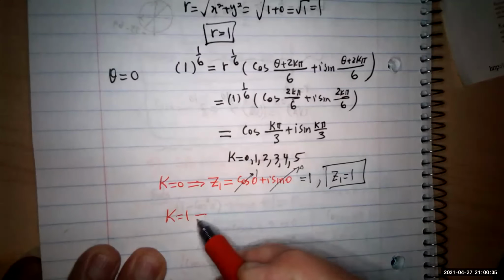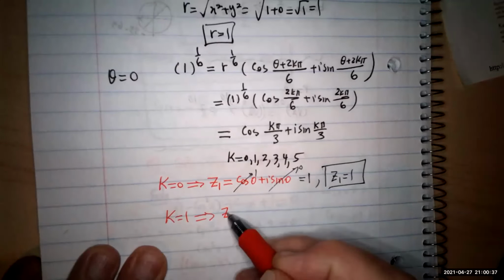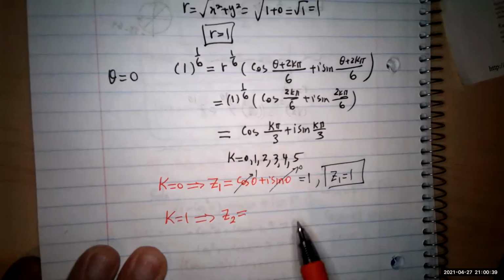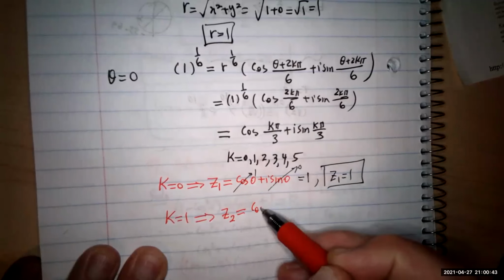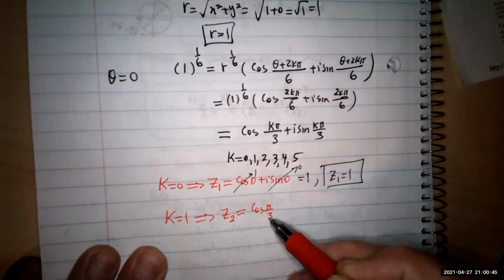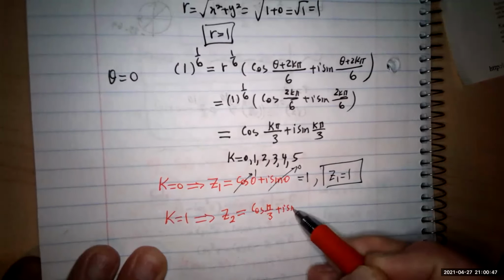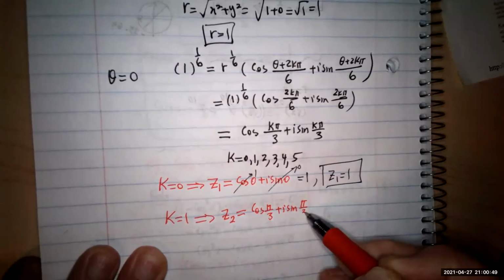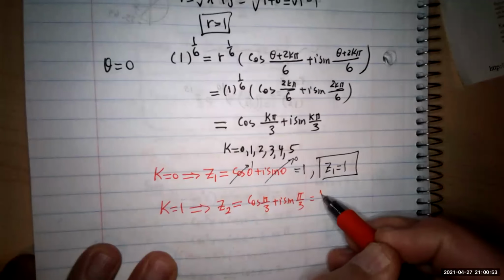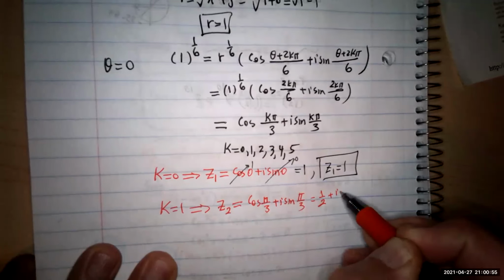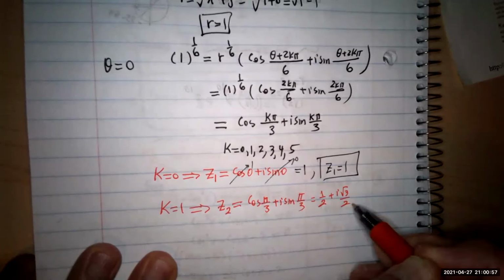k equal to 1. You go with z2. k equal to 1 gives you cosine of pi/3 plus i sine of pi/3. The cosine of pi/3 is 1/2, and i radical 3 over 2.